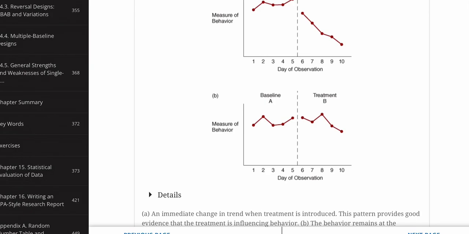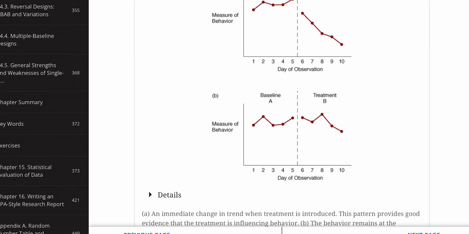So when there's an immediate change, that latency of change is not there. That means that there's probably something meaningful, right? But in B, we don't know for sure that the treatment is causing that decrease on day 9 and 10 because it did take so long for it to change.